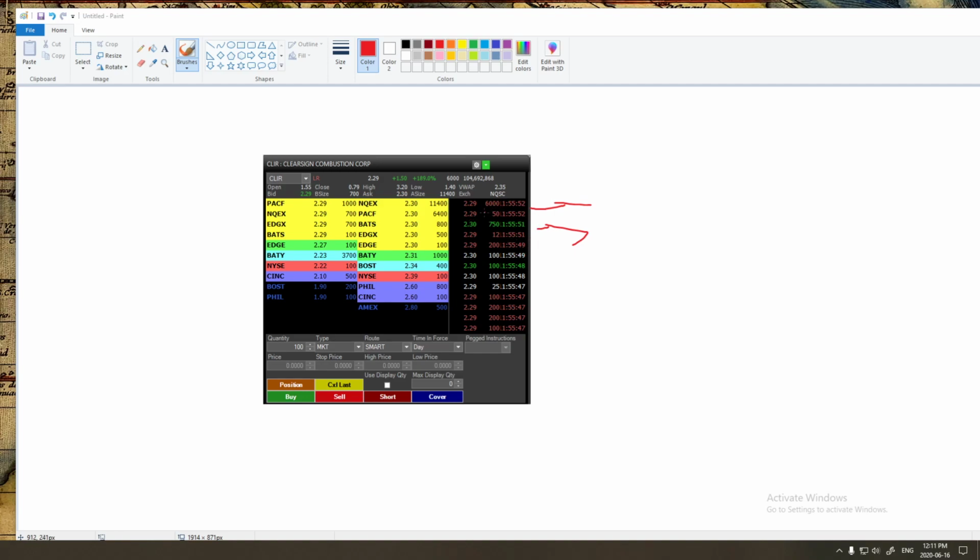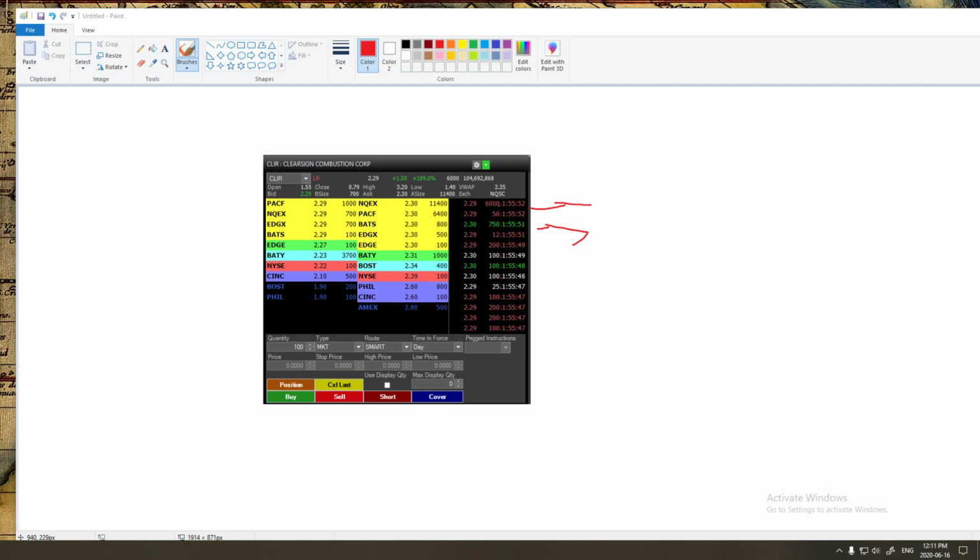Just to give you an idea, the red is when you hit the bid. The green is when you hit the ask. And the white is between. So when people hit the bid, you're going to see it in red, the ask in green. It gives you an idea.